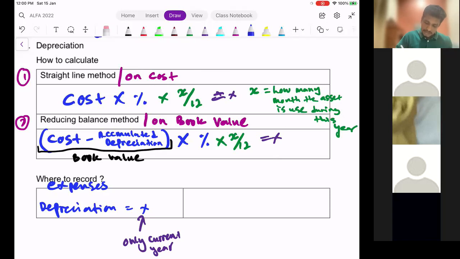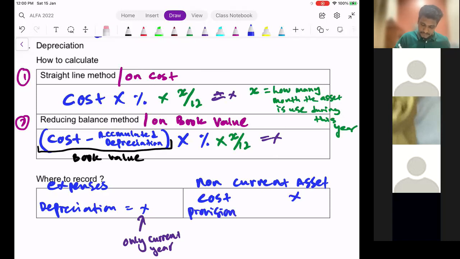Then go to your non-current assets. Under the non-current asset, we will have a cost. Don't disturb the cost. Then there's a provision for depreciation.